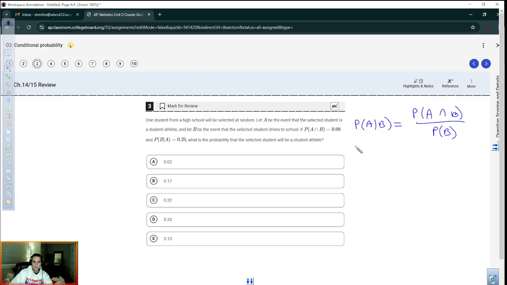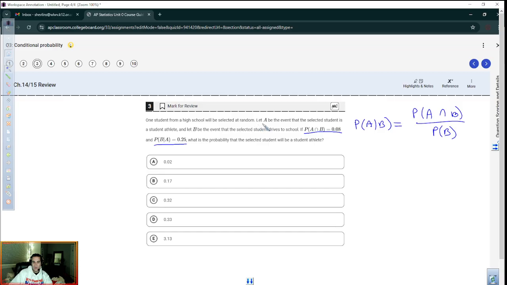Okay, so here's the formula we can use to do this problem. Why did I pick that formula? Well, because I noticed I had the conditional probability there and I had the and probability here. So when I noticed I had both of those, I thought, maybe we're using this formula. And I'm hoping they're going to ask me for that one. So let's see.